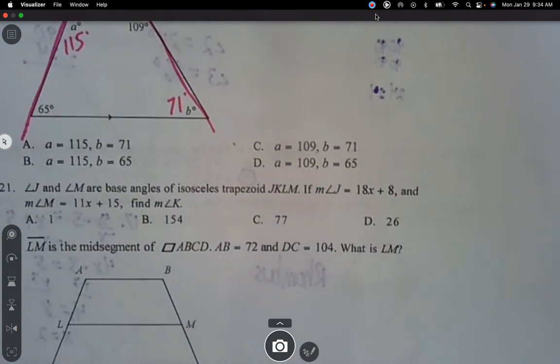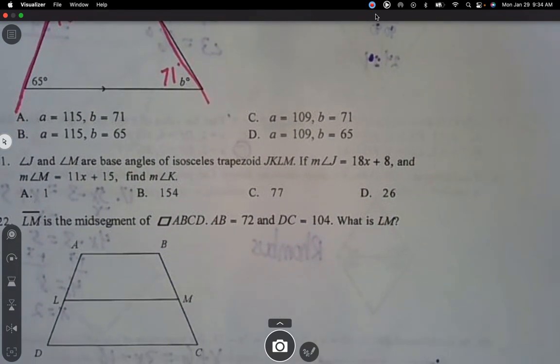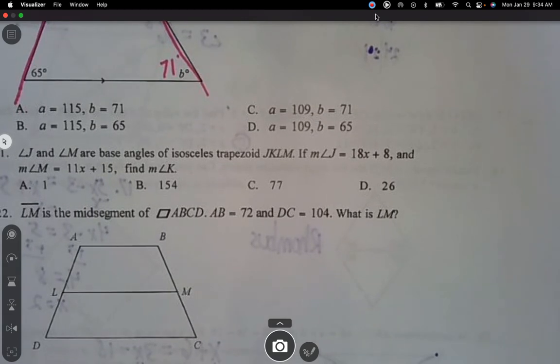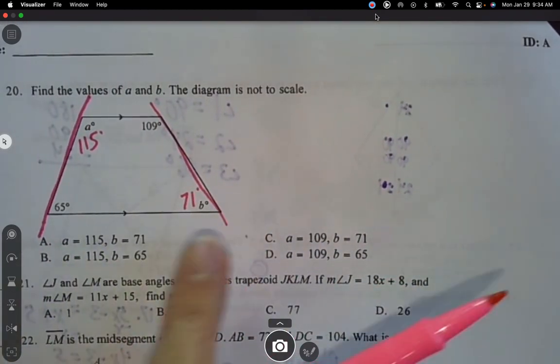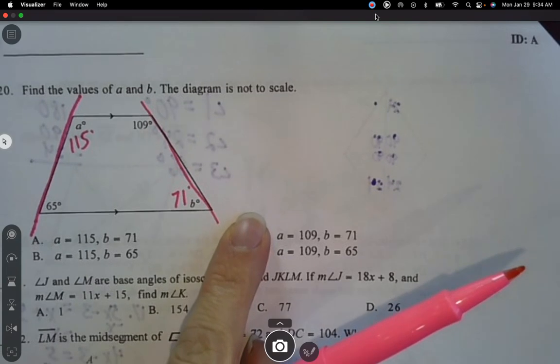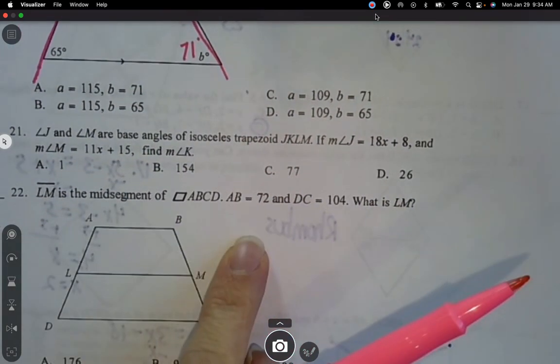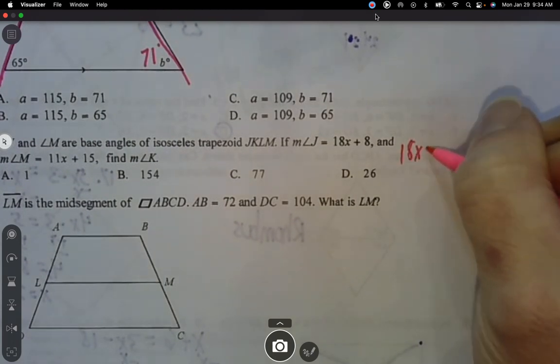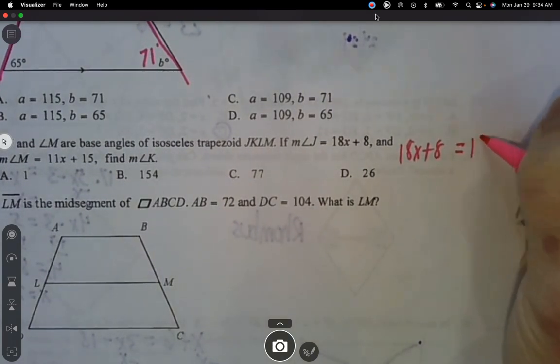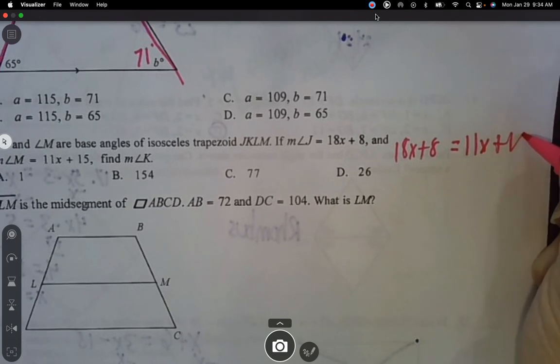Okay. So 21, it says we've got base angles of an isosceles triangle. It says isosceles. How do you know about the base angles if it's isosceles? They are equal. This one, they weren't. It's not isosceles. So on your test, there will probably be one like that. Okay. Then it'll be this one. So we're gonna put 18x plus 8 equals the other base angle, 11x plus 15.